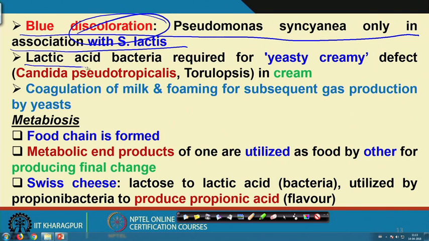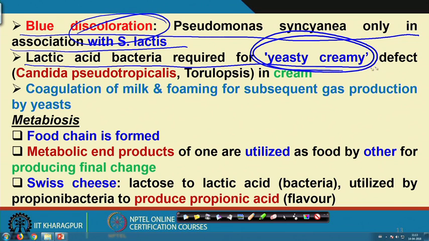Lactic acid bacteria are required for the yeasty cream defect, which is done by Candida pseudotropicalis or Torulopsis in cream.